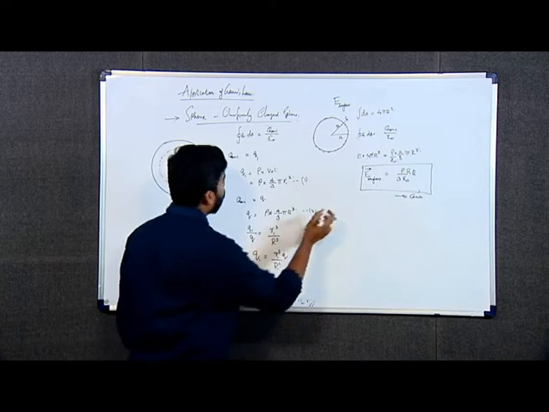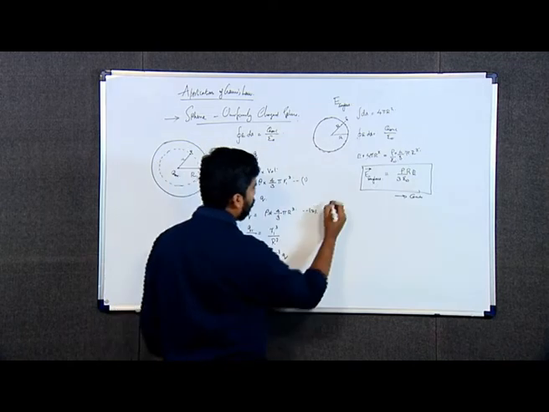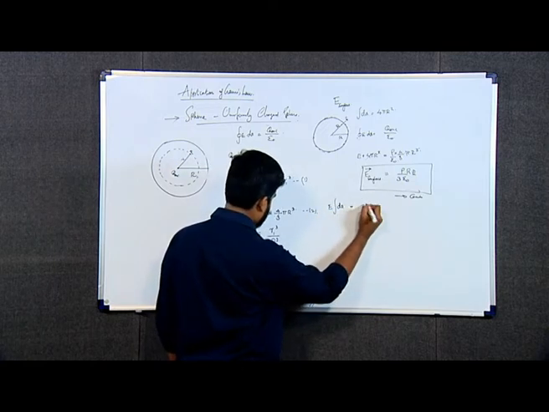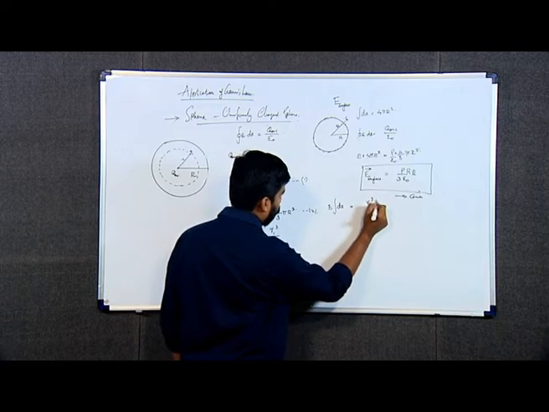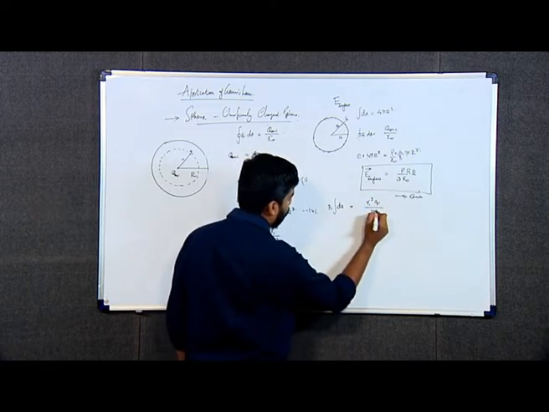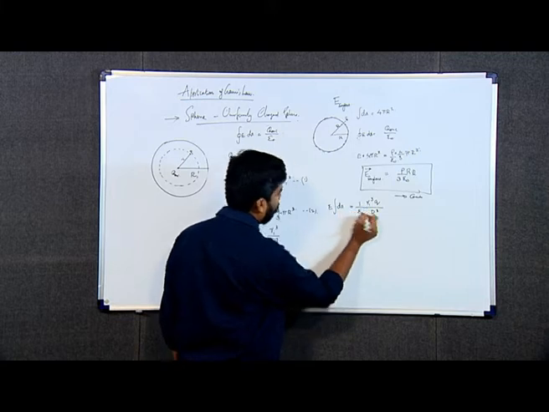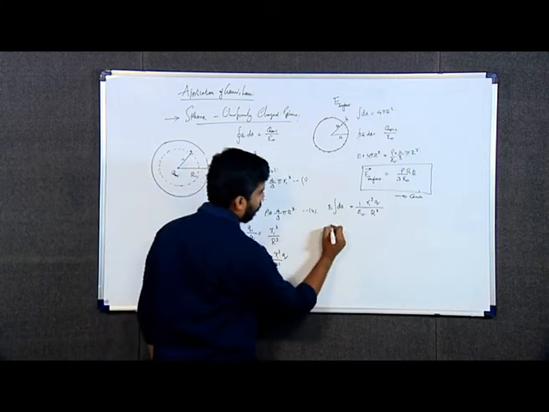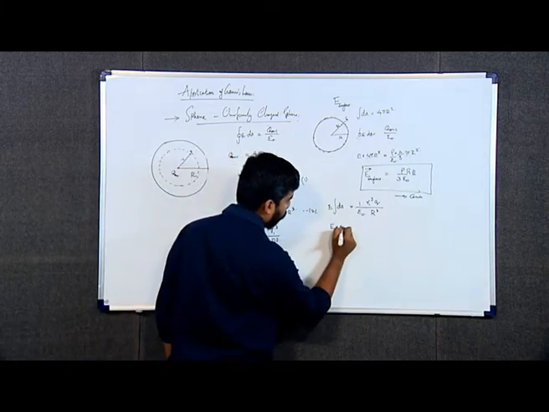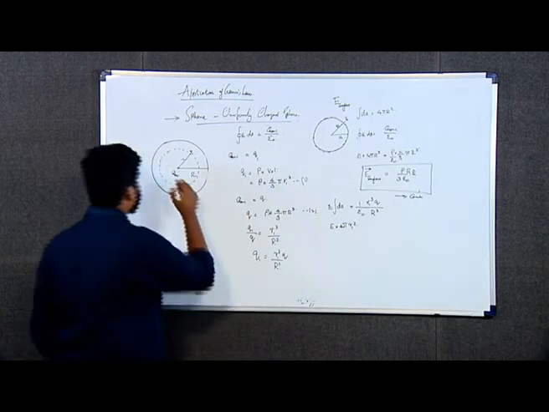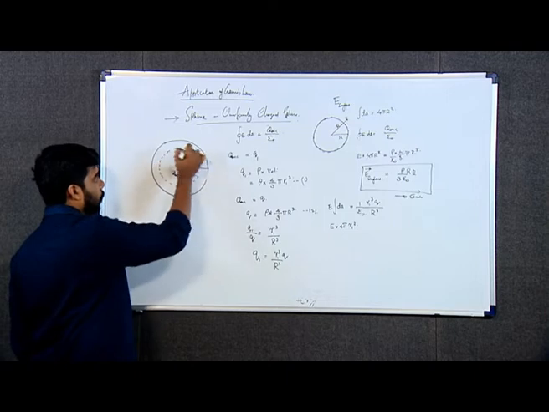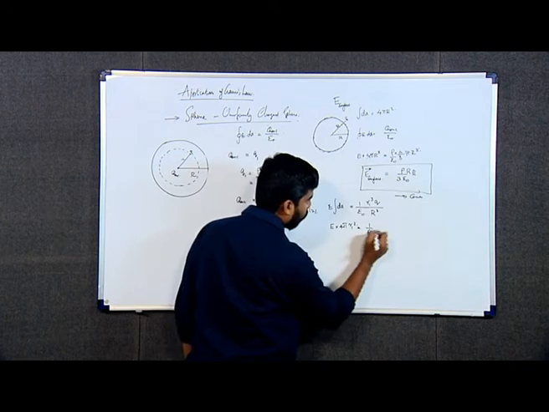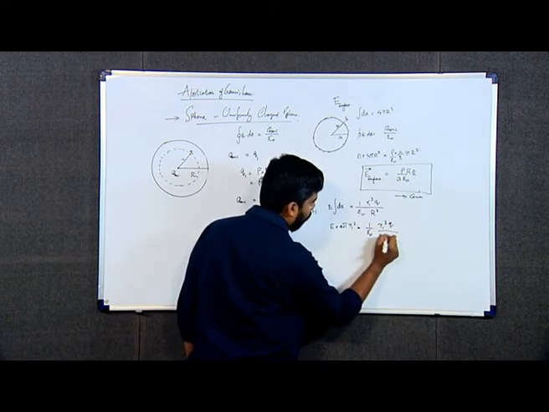Now we will apply Gauss's law, which is integral E dA is equal to r1 cube Q divided by R cube into 1 by epsilon 0. So what is dA? dA is equal to 4 pi r1 square, since I should consider the surface area of the sphere with r1. So this is equal to 1 by epsilon 0 into r1 cube Q by R cube.